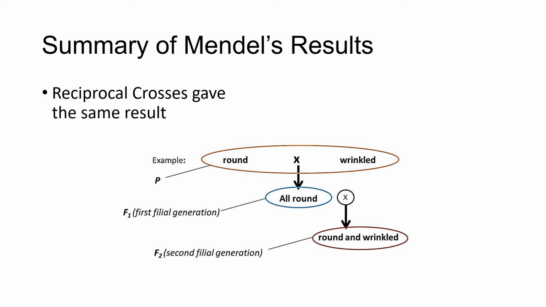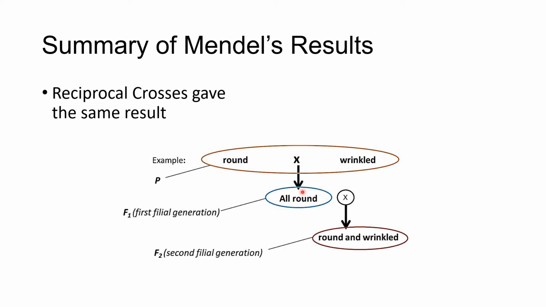So when we say reciprocal cross, it is a mating strategy, which means to make crosses between a pair of parents by using them in turn as a female parent and male parent. So, bale, like for example, itong round na to is yung lalaki, yung male parent. Yung wrinkled is yung female parent. Yung na-produce nila is all round.